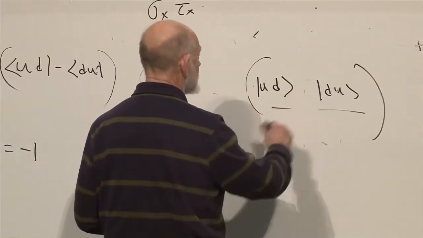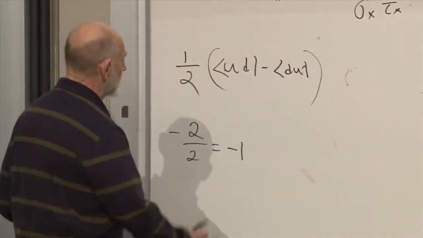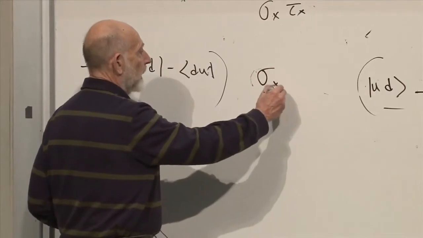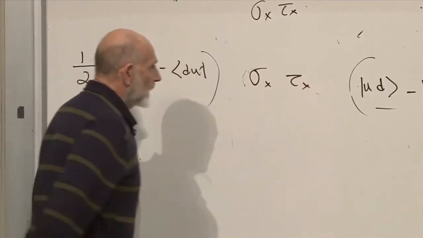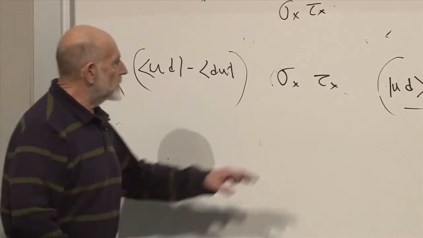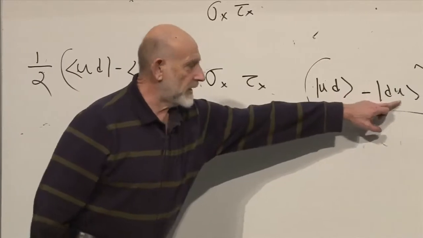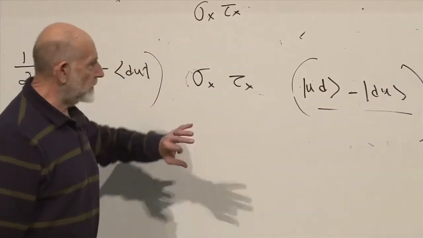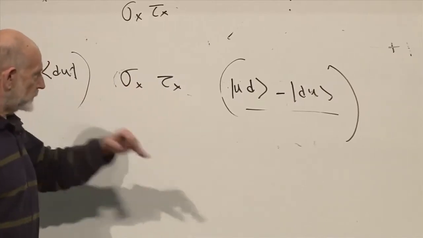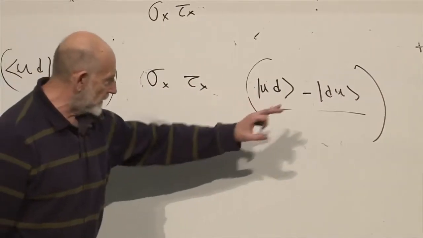We'll go back to the original sandwich, but instead of sigma z, let's do sigma x tau x. All right, so sigma x times tau x, it's easy to figure that out. Tau x flips the second entry, sigma x flips the first entry.